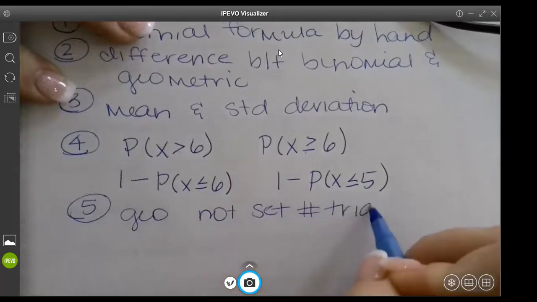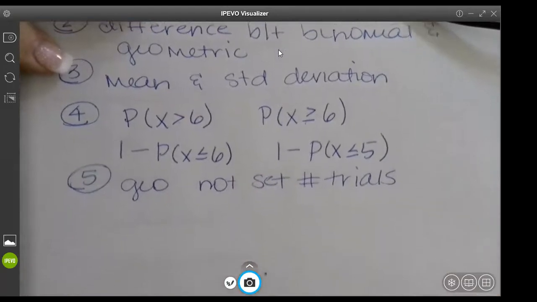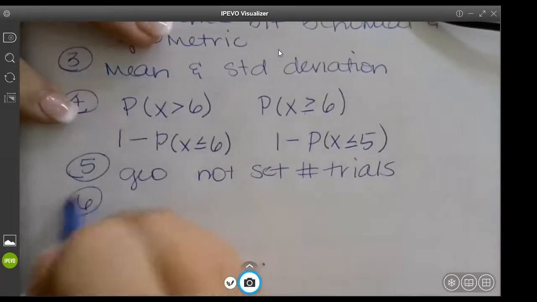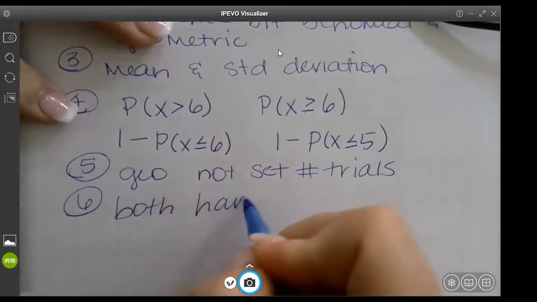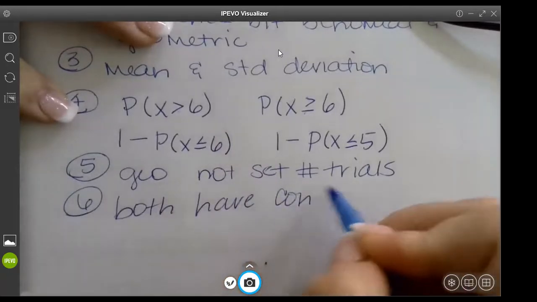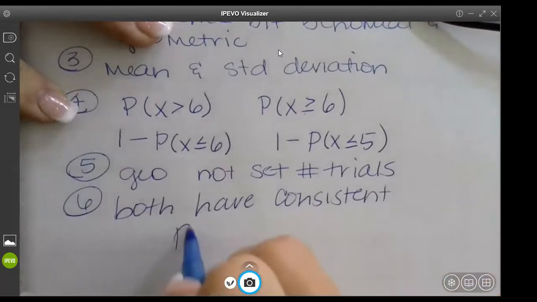You know that geometric is a not set number of trials. Both have consistent probabilities.